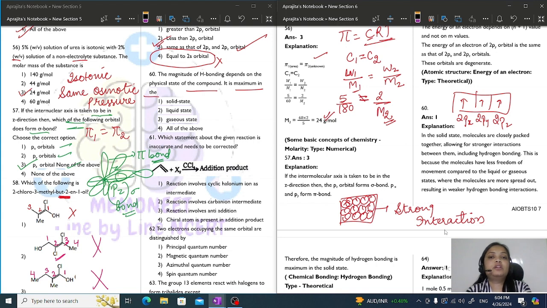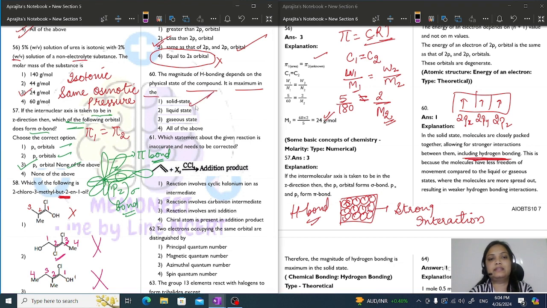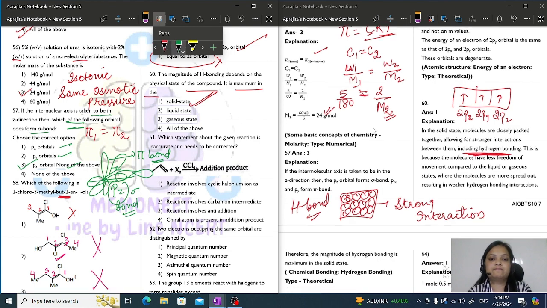So if the molecules are closely packed, the magnitude of hydrogen bonding will also be more, right? Because the molecules have less space to move as compared to liquid or gaseous state. So the hydrogen bonding will be strongest in the solid state because the molecules are closely packed and have less freedom of movement. So answer is option A.